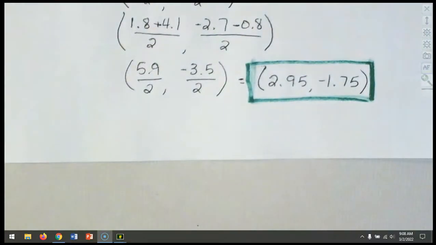Now the next two that we're going to look at, what we're going to be doing is we're going to be working backwards. I'm going to give you a midpoint, and you're going to use that midpoint to find the missing endpoint.